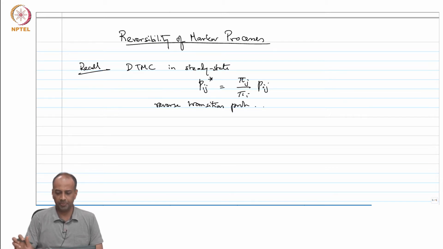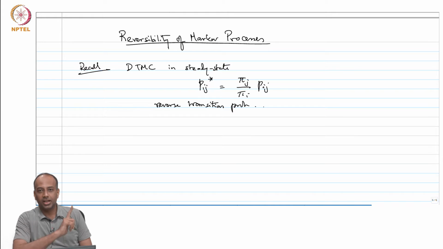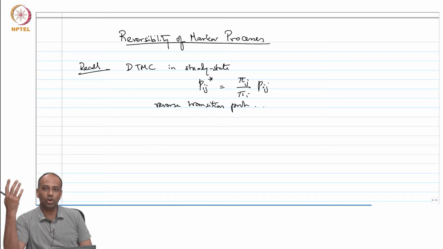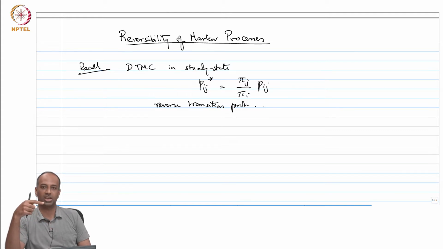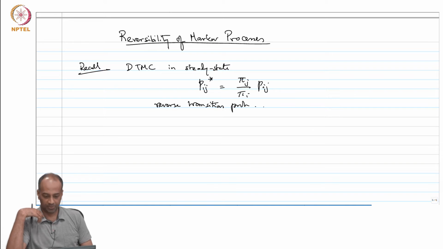Just to refresh your memory, for a DTMC running in forward time, the reverse time is always a Markov chain, but it could be an inhomogeneous Markov chain. However, if you run the forward Markov chain in steady state, that is, you start in pi i or you let it run for a very long time so that it reaches pi i, then the reverse chain is also a homogeneous Markov chain, with transition probability p_ij star given by this expression on your screen.